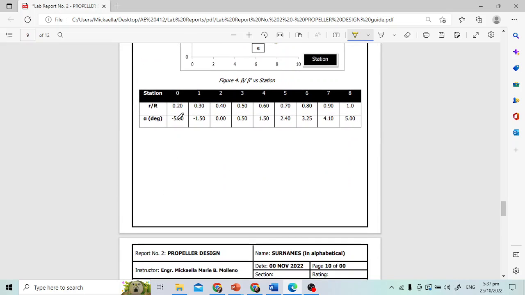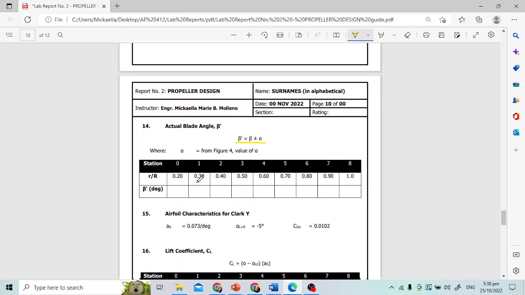Okay, as you are seeing there sa ating table, itong -5 for 0 station, -1.5 for first station. Yeah, you would be using those corresponding alpha from the 13th part and computed blade angle.